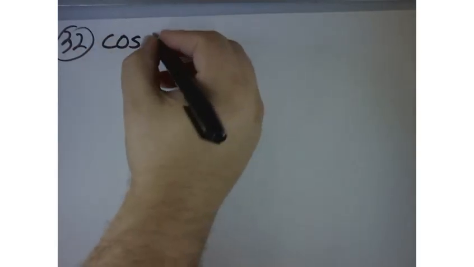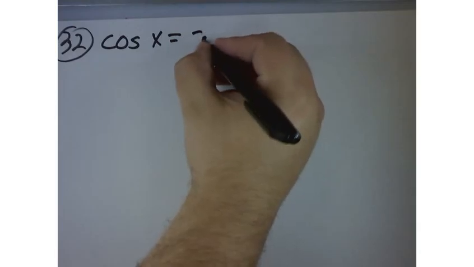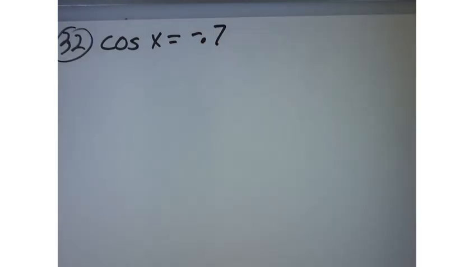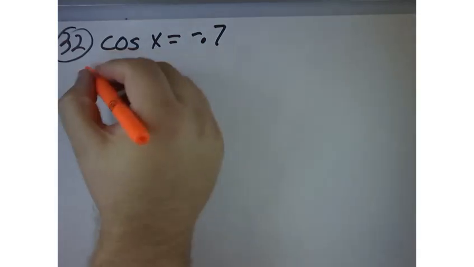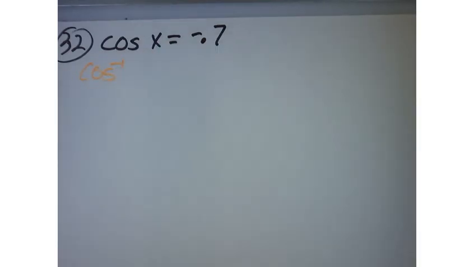This is just like 31, but now we're going to do cosine. So we're going to say cosine of x is equal to negative 0.7. Now, algebraically, if I wanted to get one solution for this, I would hit it with the cosine inverse or arc cos on both sides.